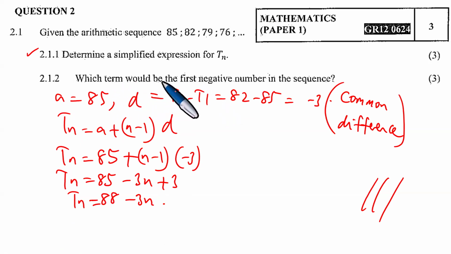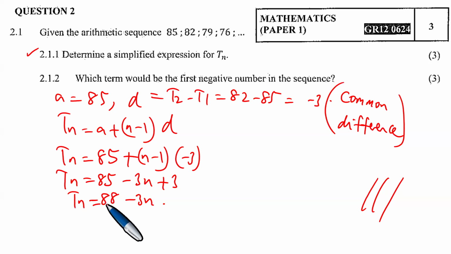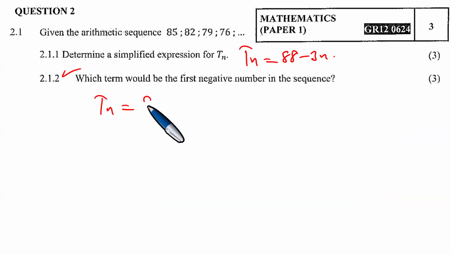We remember that the Tn we've got is 88 minus 3n. Which term would then be the first negative number in this sequence? That would mean Tn is 88 minus 3n.